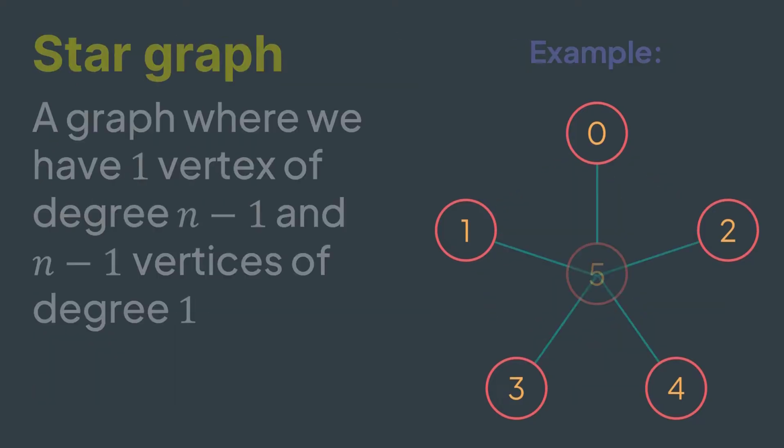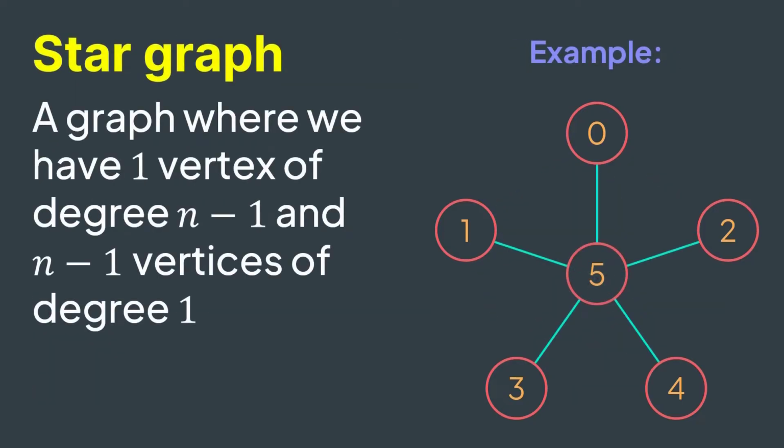We also have the star graph, a graph where we have one vertex of degree n-1 and n-1 vertices of degree 1. In other words, a vertex that is connected to all other vertices, and all other vertices are connected to that vertex only.